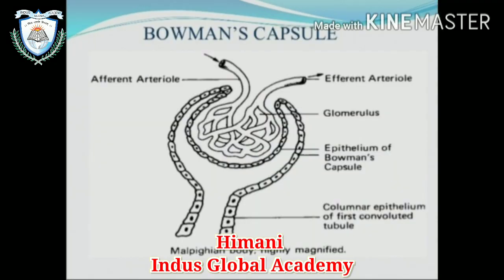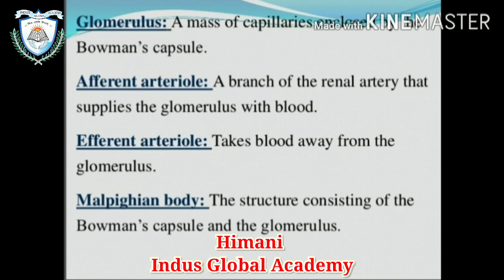So next is the Bowman capsule. In this figure you can see afferent arteriole, efferent arteriole, and this is the Malpighian body which is highly magnified. So let's start. What is glomerulus? A mass of capillaries enclosed by the Bowman capsule.